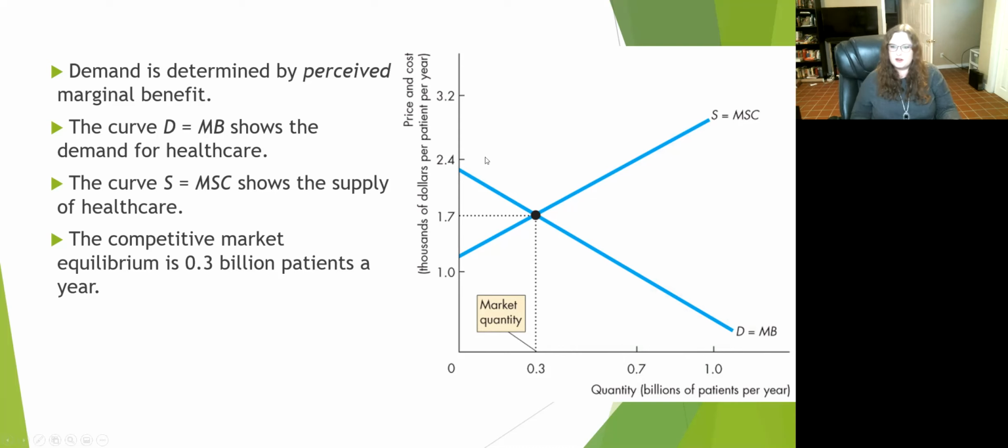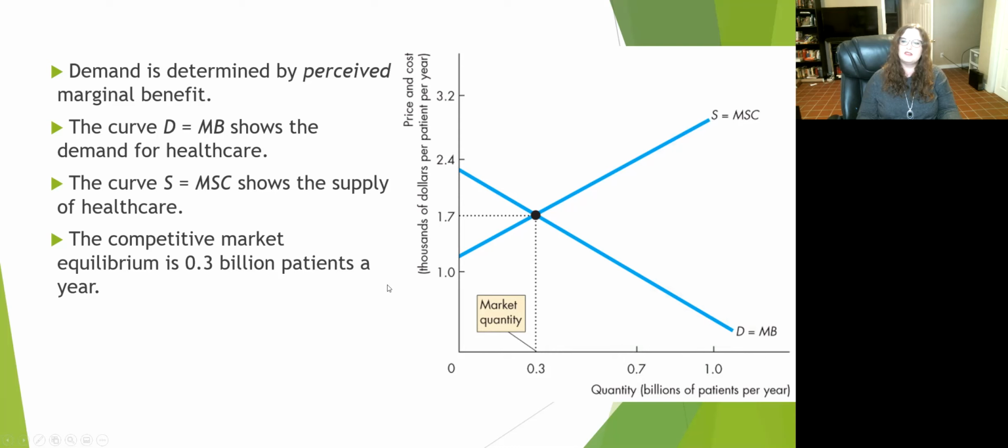Our marginal benefit curve is just our demand, because we demand about what we think we're going to benefit, our willingness to pay. Our supply, this upward sloping marginal social cost curve, is how much it's going to cost to provide health insurance, or different sorts of cost per year for health.